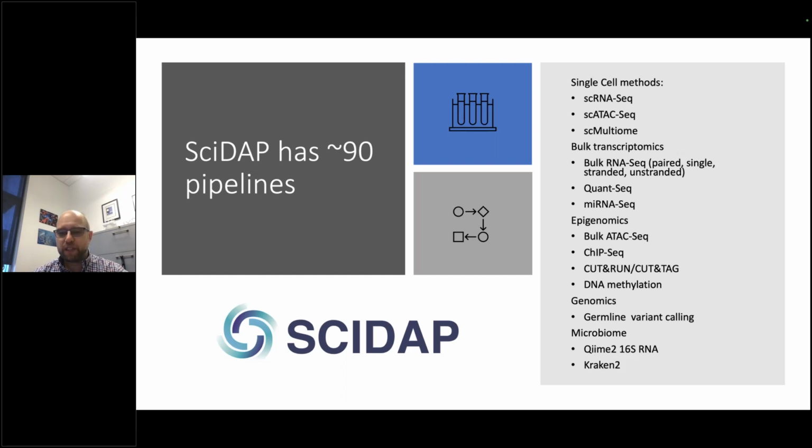We, of course, have epigenomics methods like bulk ATAC, scHMultiome, cut and run, cut and tag, DNA methylation, genomics variant calling, and for microbiome, we have QIIME and Kraken for taxonomic classification of the organisms.